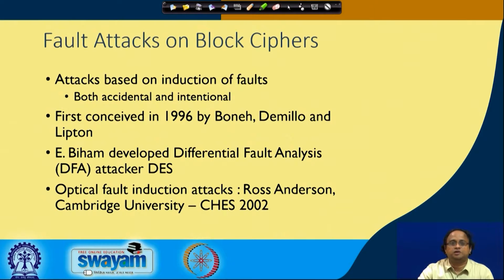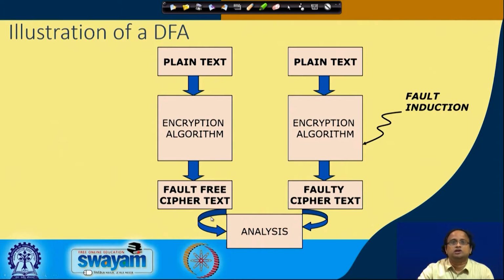There was also a paper at CHES in 2002 by Sergei Skorobogatov and Ross Anderson from Cambridge University, showing that faults can be inflicted on cryptosystems with high precision at reasonable cost using laser beams or optical techniques. So, let us see how differential fault attacks work.